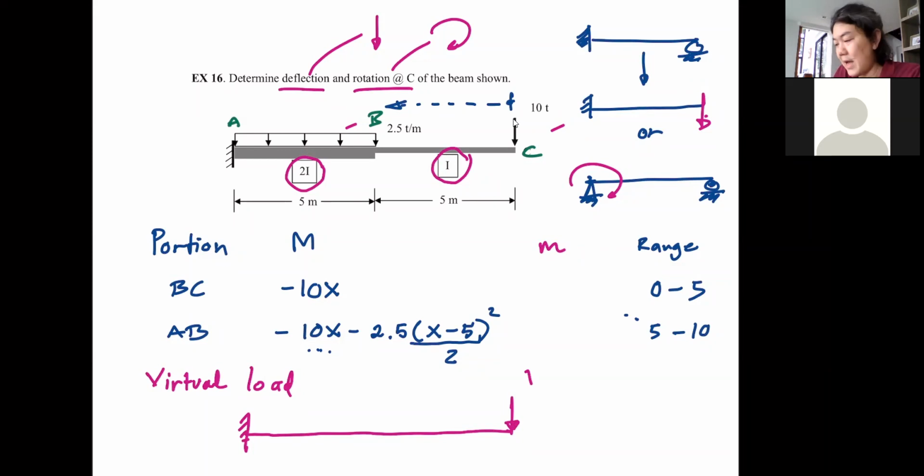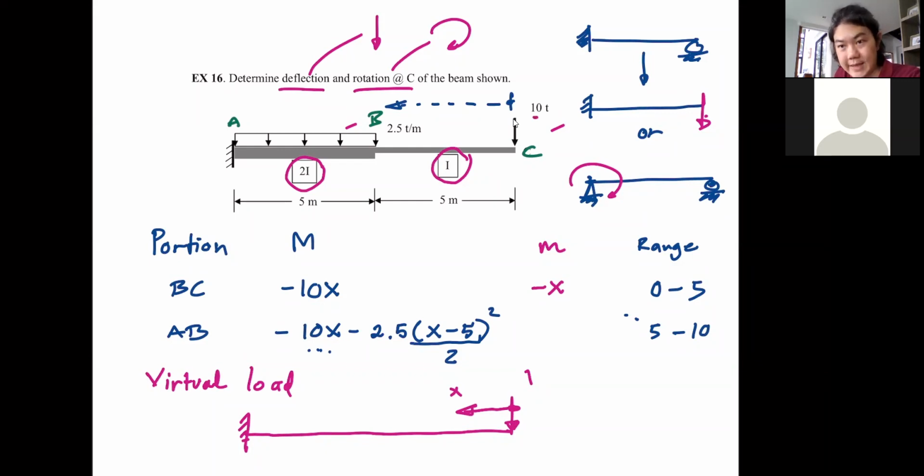And now I need to use the same range. So my X would begin from the tip of the beam. And that would mean my moment equation for the virtual load case from 0 to 5 meters would be minus X. It's exactly a similar kind of load to this 10 tons, but it's 1 instead.